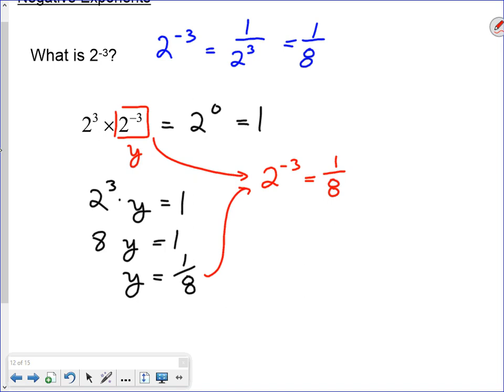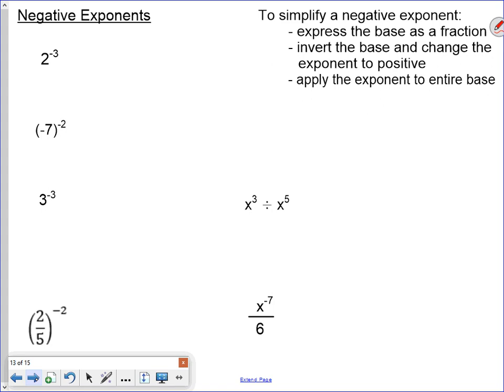All right? Let's look at how you would sort of simplify these expressions in practice. Okay? So if we've got a negative exponent like 2 to the negative 3, what I would do is I would think of that base of 2 as a fraction. 2 over 1 to the power of negative 3. And the negative kind of just means we're going to flip that fraction over to 1 over 2.